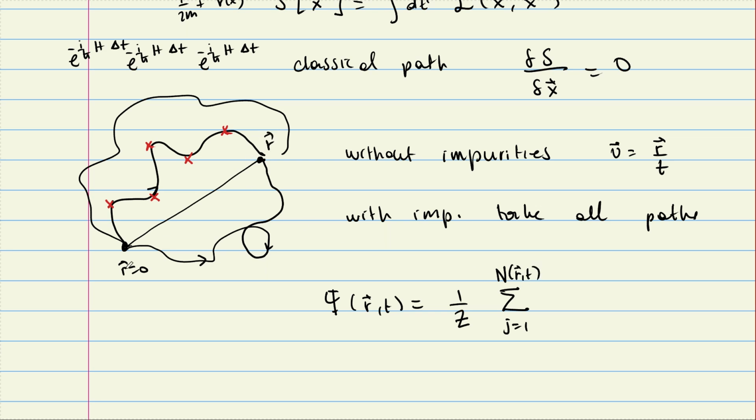So this is r, this is 0. And we are going to have these phases, e to the i theta_j. Of course, it is going to depend on r and t, but let me not write it at the moment. So this is S of x_j over h bar.